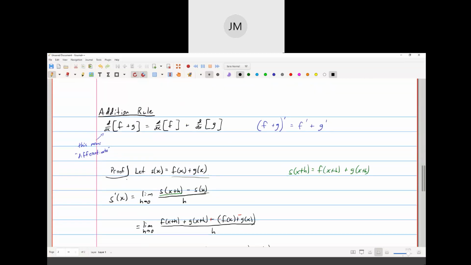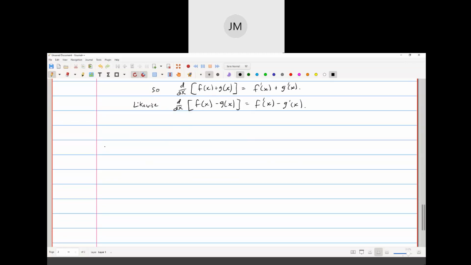So we have our addition rule up here, and now let's look at a constant multiple rule. If I take the derivative of a function that's being multiplied by a constant, not a constant on its own. A constant on its own when we differentiate is 0. But if it's being multiplied by a function, I can just pull that constant out.